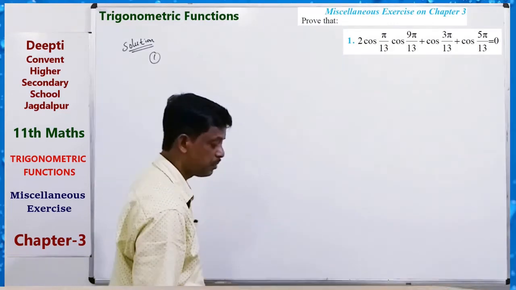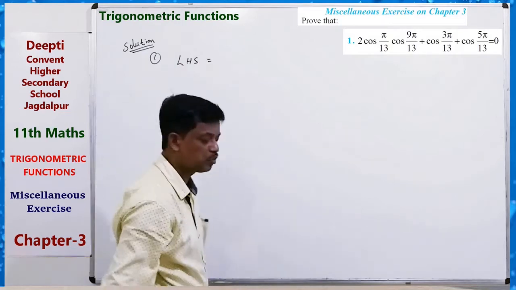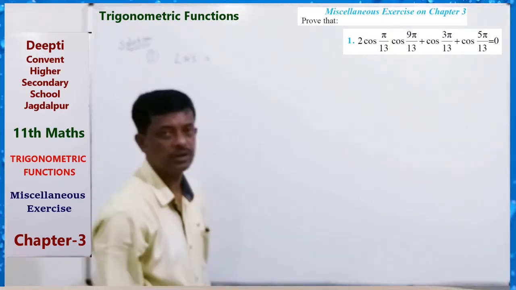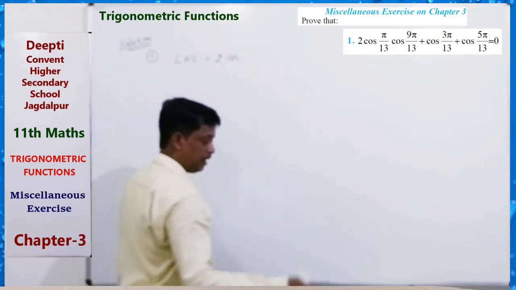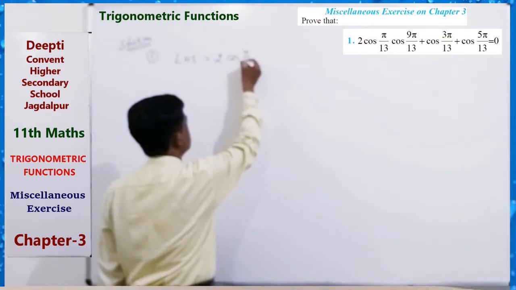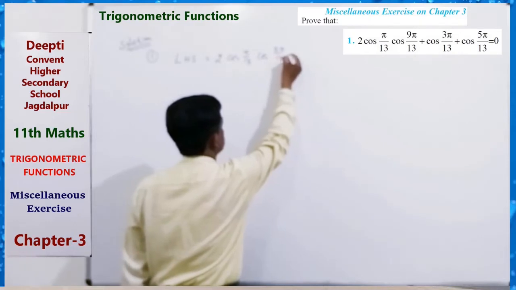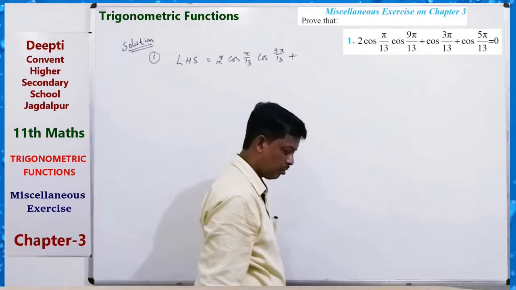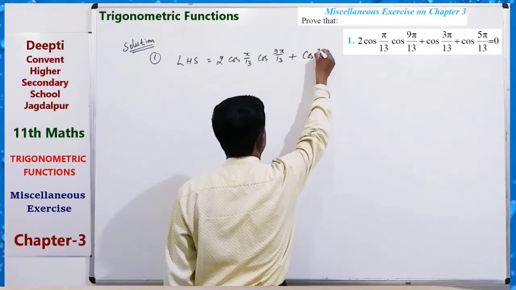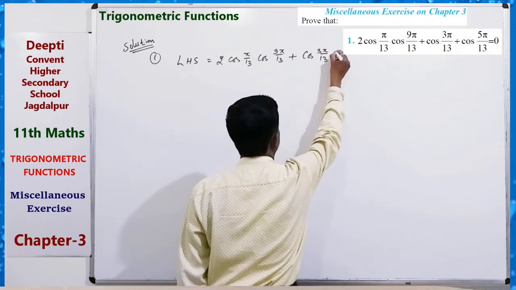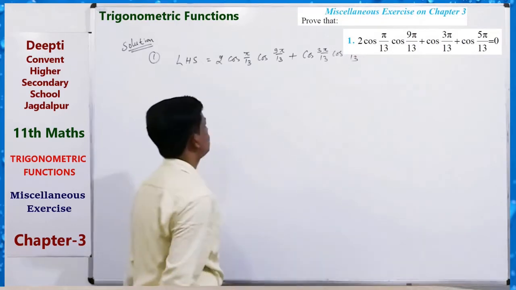Okay, so 2 cos pi by 13 cos 9 pi by 13 plus cos 3 pi by 13 plus cos 5 pi by 13, this is the left hand side, and we have to prove that it equals 0. So there is a trigonometric identity that we have to prove.